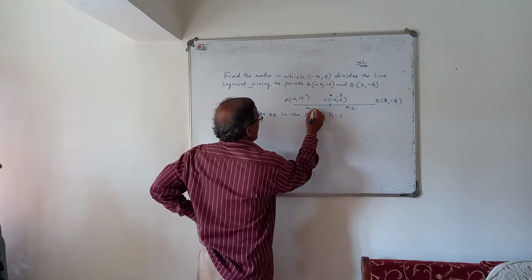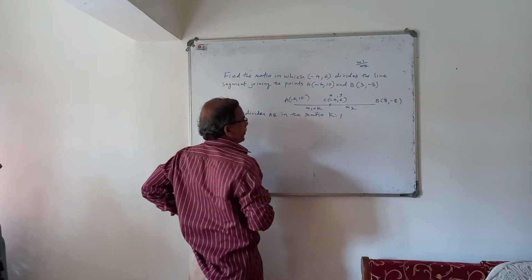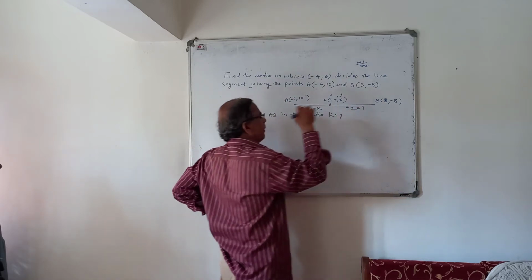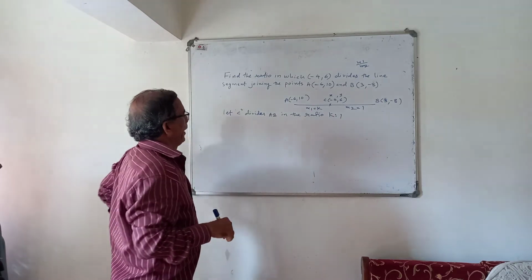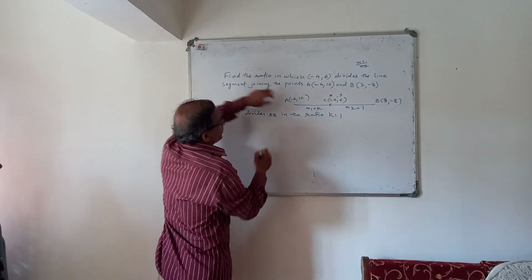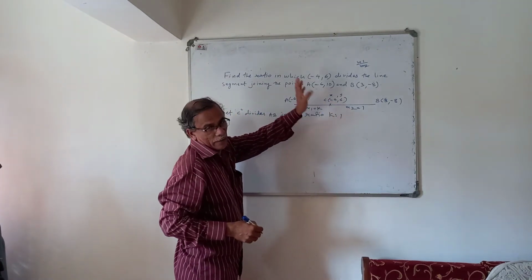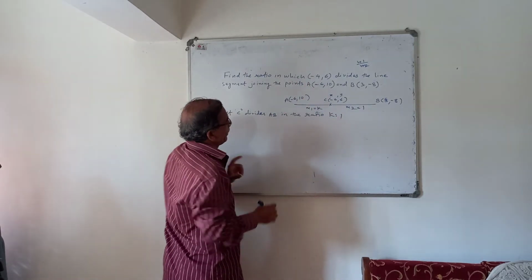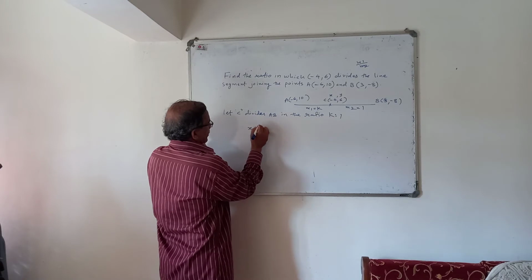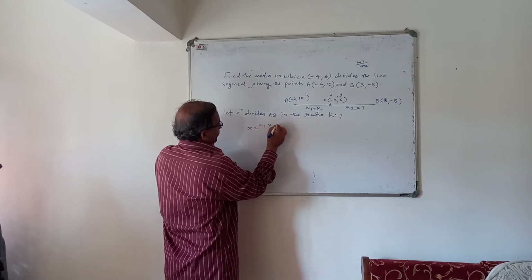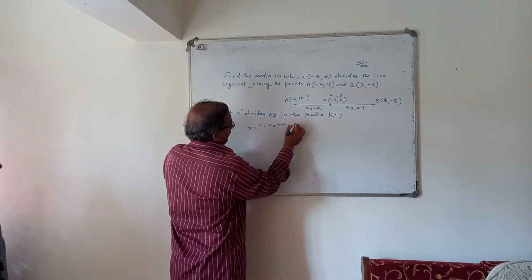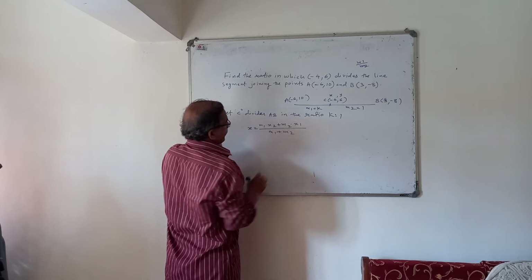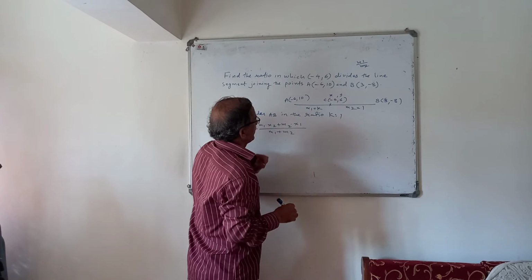Means m1 is equal to k and m2 is equal to 1. And now here we know the x coordinate of the point which divides the segment, isn't it? Write the formula for x coordinate: x is equal to m1 into x2 plus m2 into x1 upon m1 plus m2. And what is x now? Minus 4.